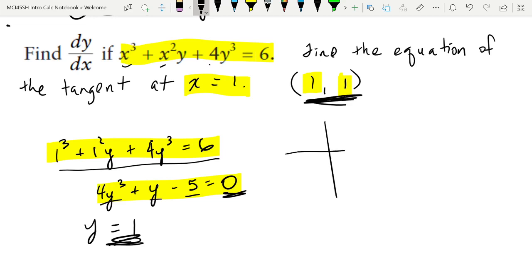It's a cubic. Those of you who've done grade 12 know that that means it changes direction twice, so it could have up to 3 solutions. There could be 3 x-intercepts. I found one. It happens when x is 1, y is 1.